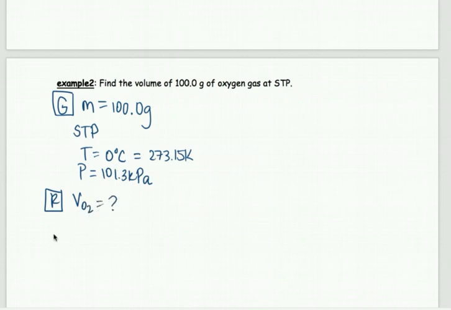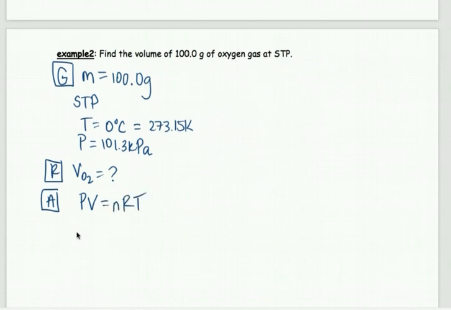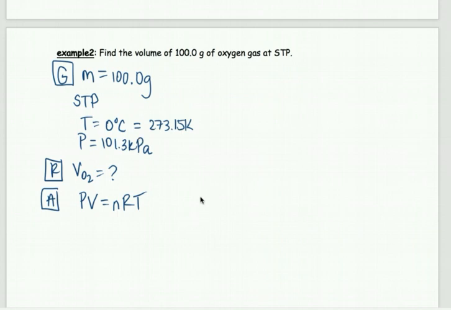Given that we have mass and we're dealing with moles, we're going to use the ideal gas law, PV equals nRT. We need to go from mass to volume somehow, so we need to go to the moles island first.